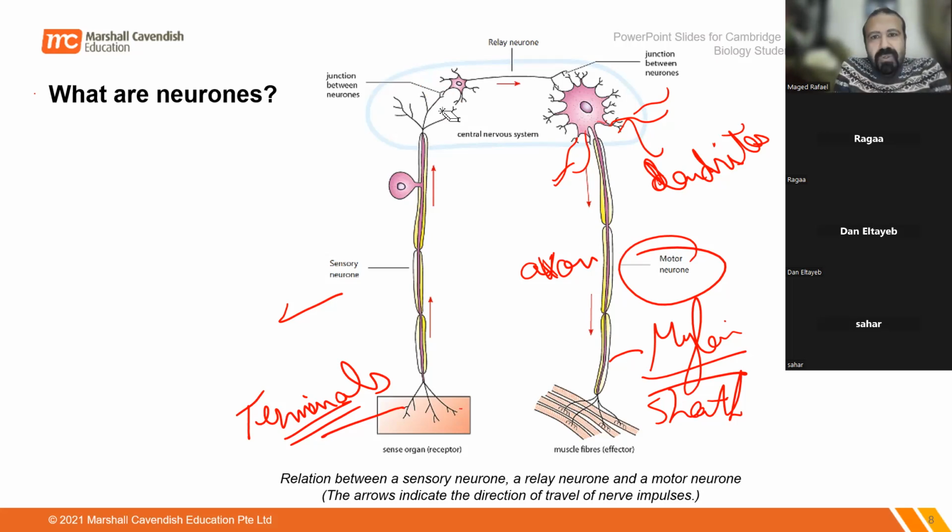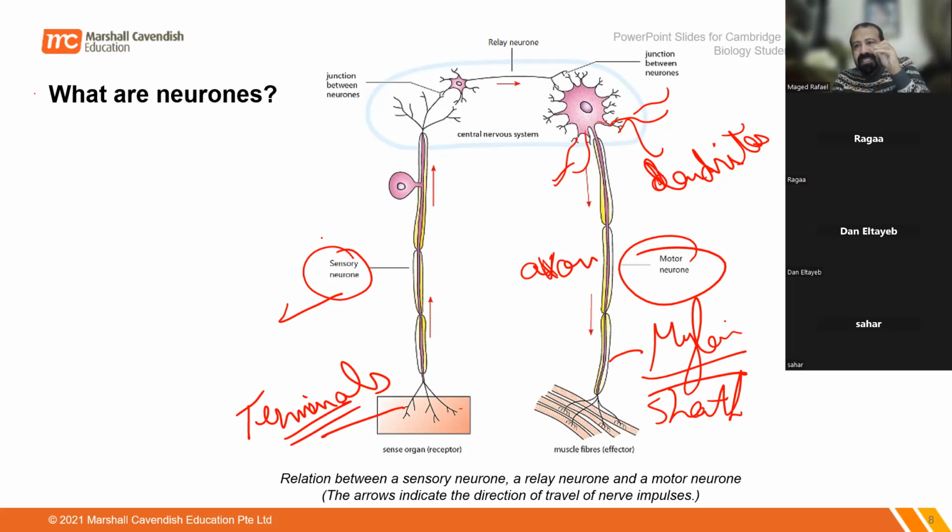You'll ask me, now you're saying, sir, we have 3 different shapes of the 3 neurons. I'll tell you, you are totally right. This is a kind of adaptation in order to make the function work properly. How? Number 1, the sensory neuron. The sensory neuron needs to send the message immediately and quickly to the relay neuron.